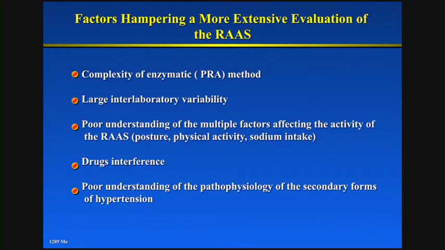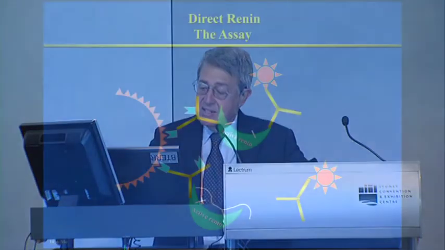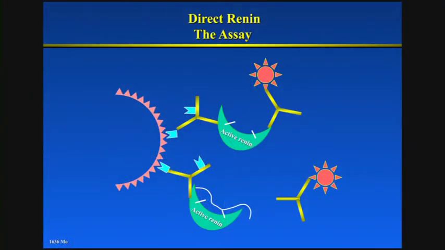Nowadays, we have another way of measuring renin, which is not based on the enzymatic activity, but is a direct renin assay. That is, we measure directly renin mass. And that is based on two antibodies, one of which is the so-called capture antibody, and the second antibody, which is called detection antibody, against the active form of renin.